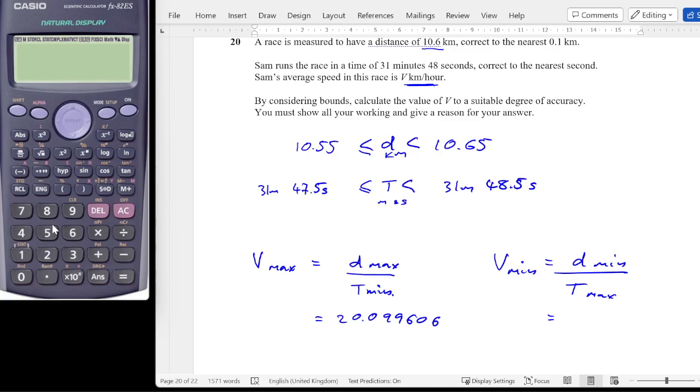Right. Let's do it one more time, and I'm actually going to use the decimal value because I'm not quite sure why it worked for part A, but isn't working for this part. So 31 minutes and 48.5 seconds, and I've missed my decimal point there.